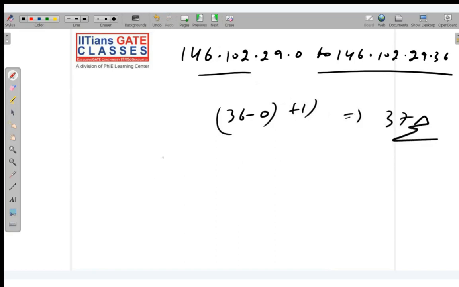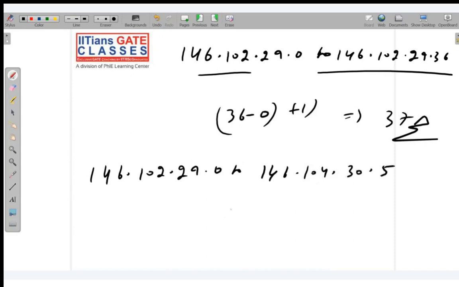Very simple. Another question: 146.102.29.0 to 146.104.30.5. Very simple. You will say 5 minus 0, plus 30 minus 29 into 256 power 1, plus 104 minus 102 into 256 power 2.